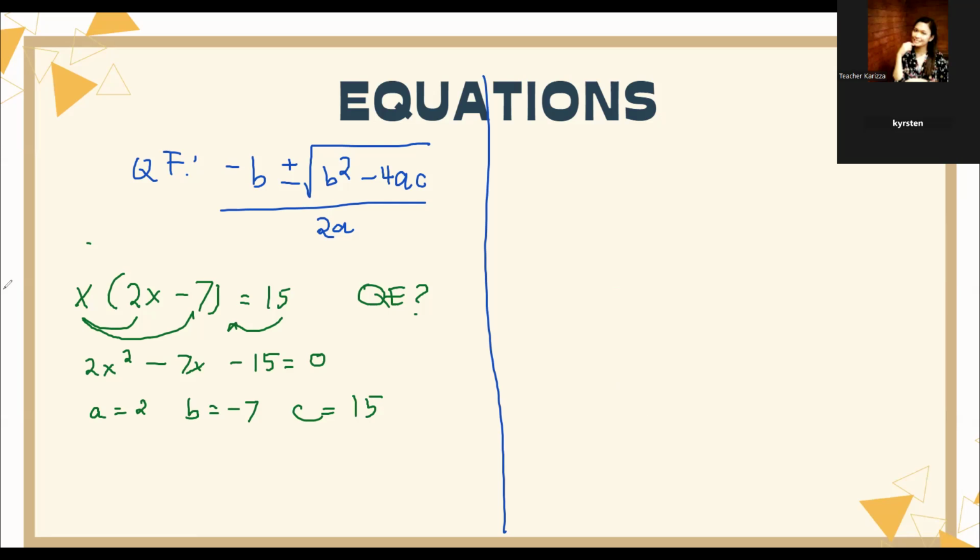So let's just plug in all of our values. We are looking for negative B, so that negative B is equal to 7. We need B squared, so B squared is 49. And then we need negative 4ac, so that is negative 4 times A times C. 4 times 30 is 120.